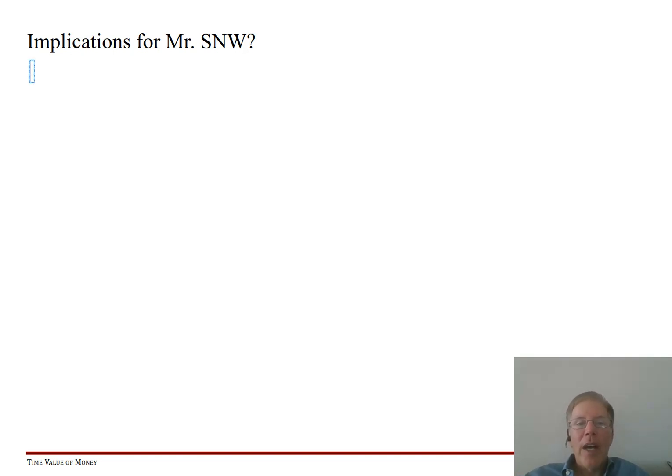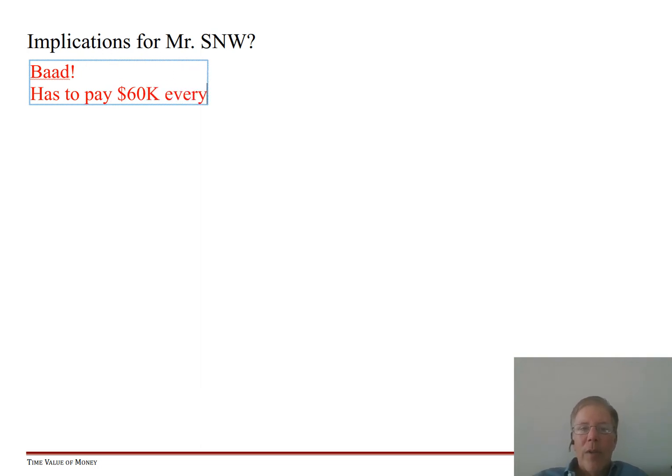Okay. So the implications of this for Mr. Small Net Worth, I would argue, are pretty bad. So I'll leave the double A's in there to emphasize that. Why? Because now he has to pay $60K every 3 months, not just every year.